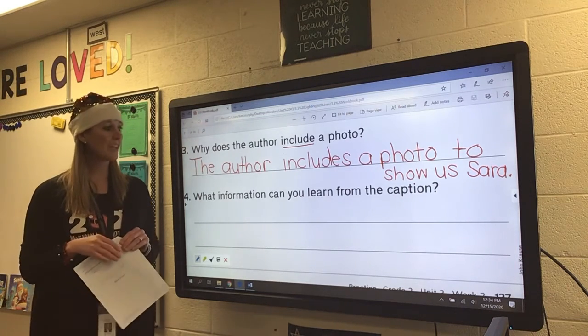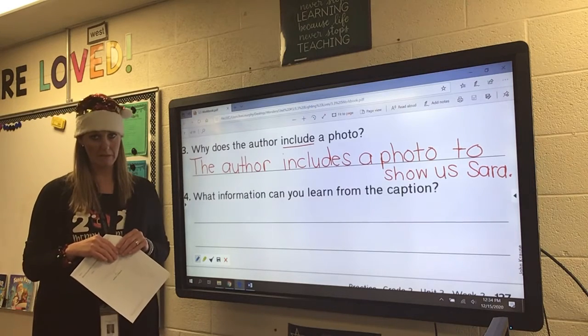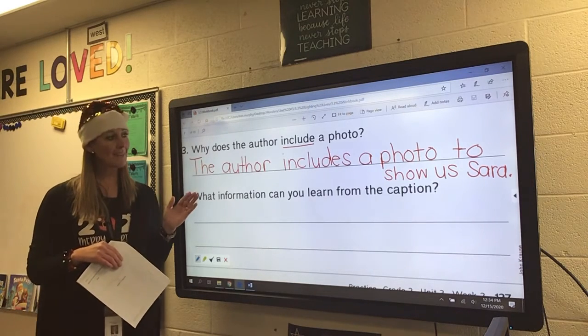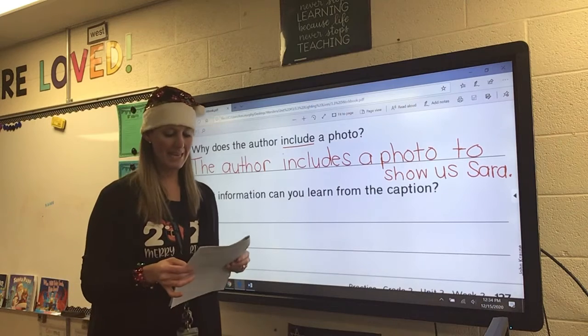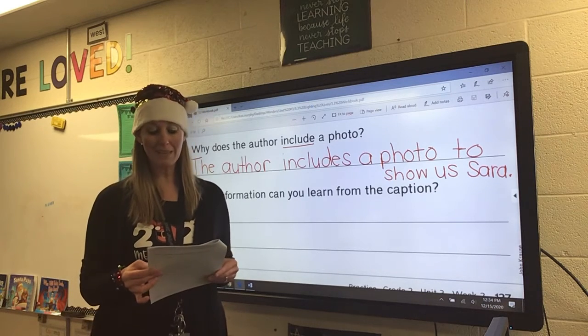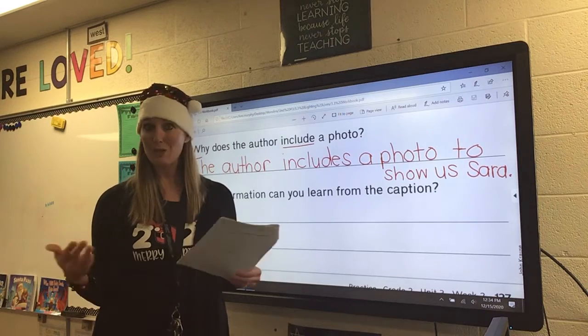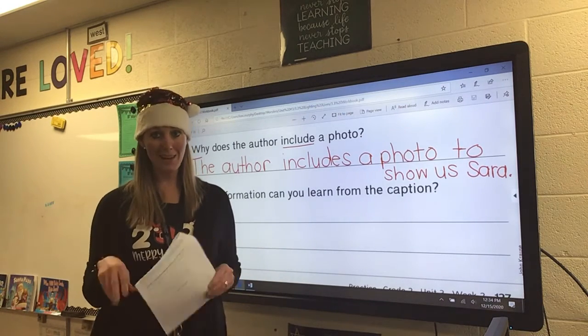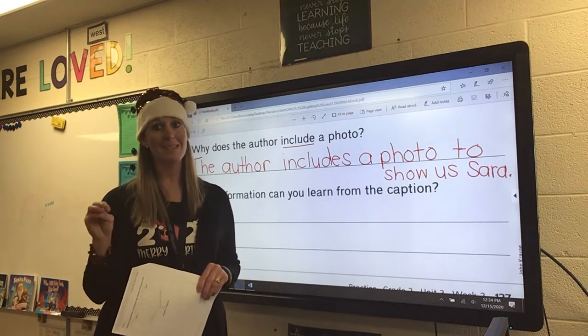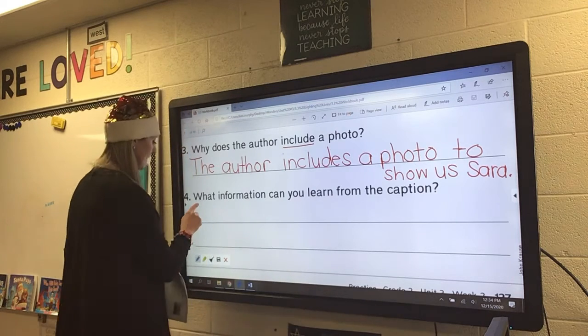What information can you learn from the caption? So when we looked at the caption of Sarah, it said Sarah Krause was the leader of the bike safety group in Austin. So right there, we learned that Sarah was the leader of the bike safety group in Austin.